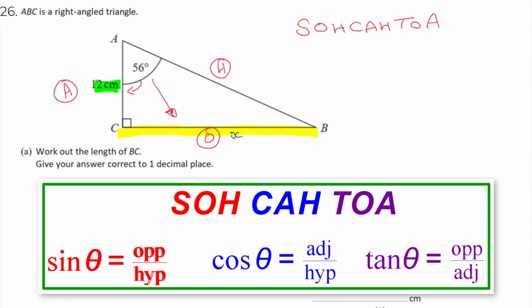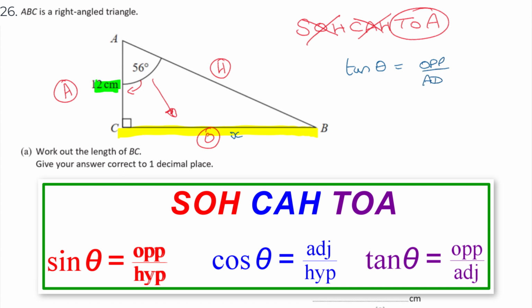So which ratio has to do with the opposite and the adjacent and not the hypotenuse? Well, it can't be sine because that's got the hypotenuse in it, and it can't be cos because that's got the hypotenuse in it. It has to be TOA, which stands for tan theta equals opposite over adjacent.